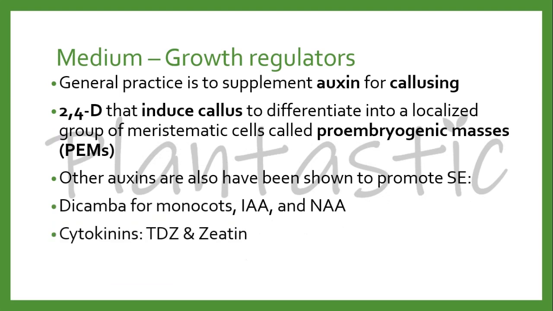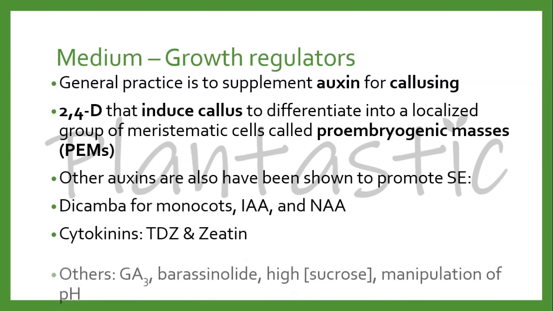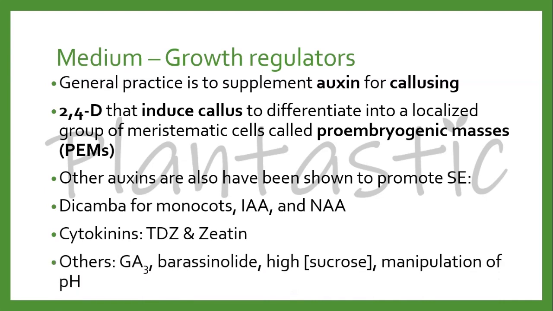On the other hand, cytokinins like TDZ and zeatin are also used in the induction of somatic embryogenesis. Other plant growth regulators have also been found to induce somatic embryogenesis, which are gibberellin, polyamines, high sucrose concentration, and manipulation of pH. However, glucose and galactose or lactose are not commonly used in somatic embryogenesis study.